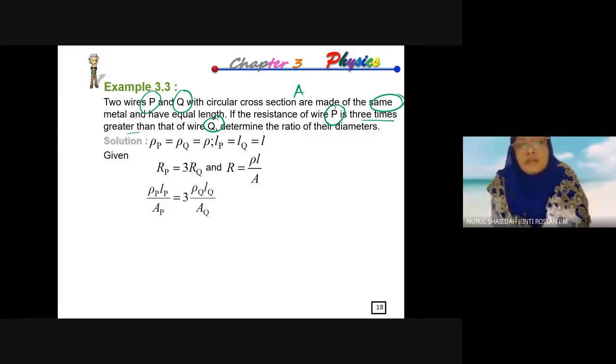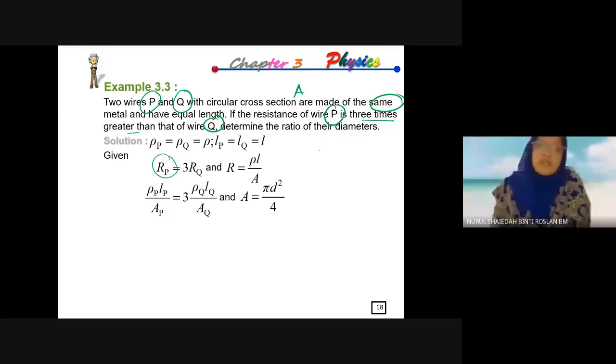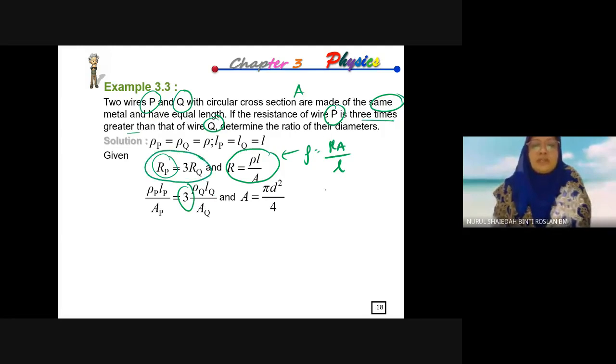So R equals to rho L over A. So apa yang boleh buat dekat sini? Dia buat R ni sebab formula rho equals to RA over L. So bila rearrange, dapat R equals to rho L over A. So dia guna formula ni. Tadi RP adalah 3 times RQ. So RQ pula you guna formula rho L over A untuk Q. Dia gunakan statement RP sama dengan 3RQ.